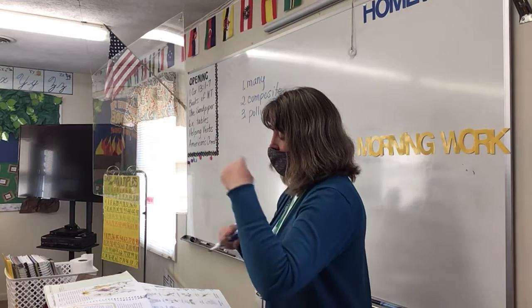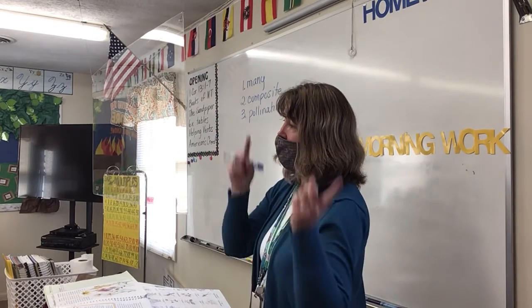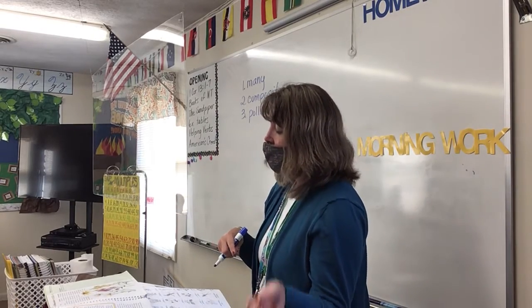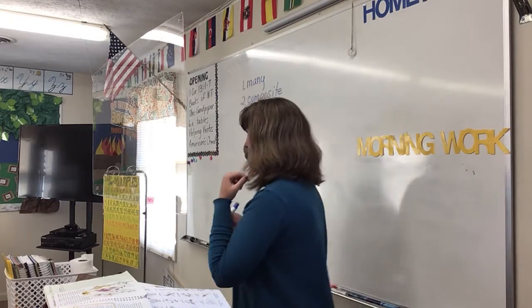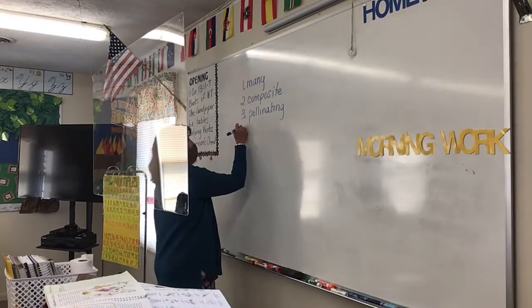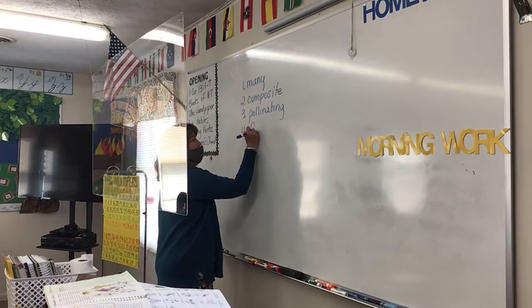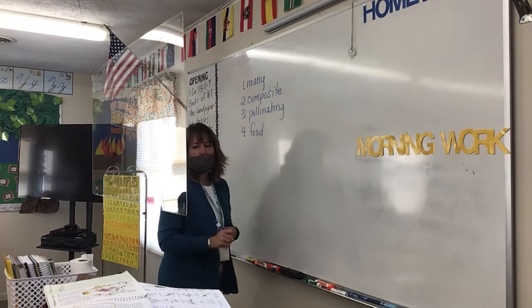And then switch it: how is the plant helping the bee? Giving it honey or nectar. Right, providing food. Can I say giving it food? You can even just write food if you want.